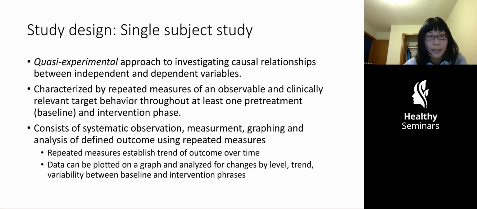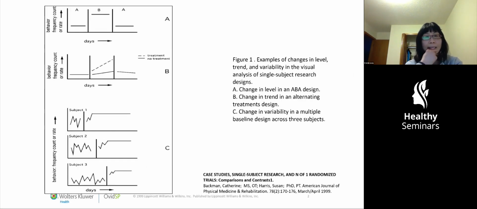So the data can be plotted on a graph and be analyzed for any change, whether by level, by trend, or by variability between the baseline when no treatments are given and the intervention phase. So it may look something like this. This is a graphic display of how a single subject design may look. These are 3 different scenarios.